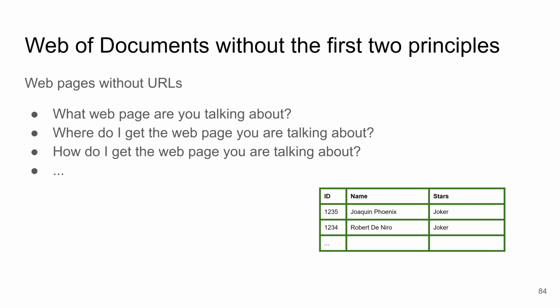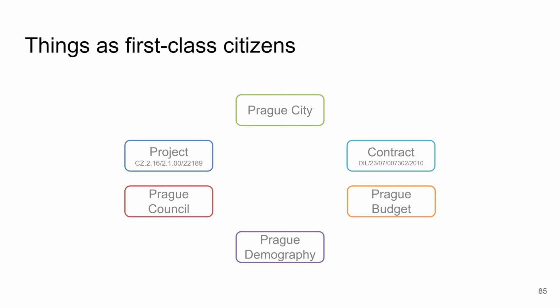So it is clear that it cannot work. However, this is the state of data published on the web today. You have the individual data items, but you cannot point to them. You cannot share individual items, and so on and so on.